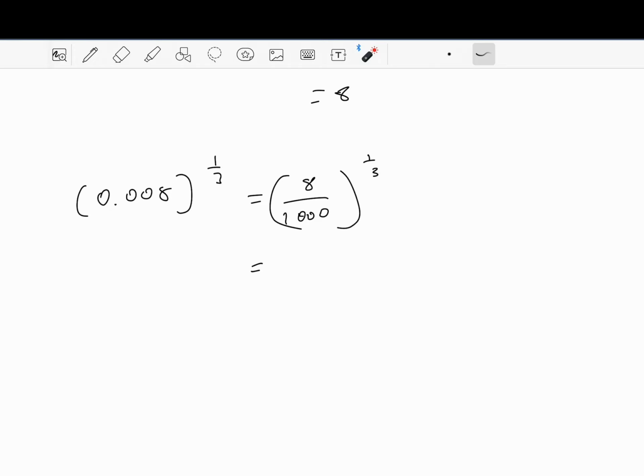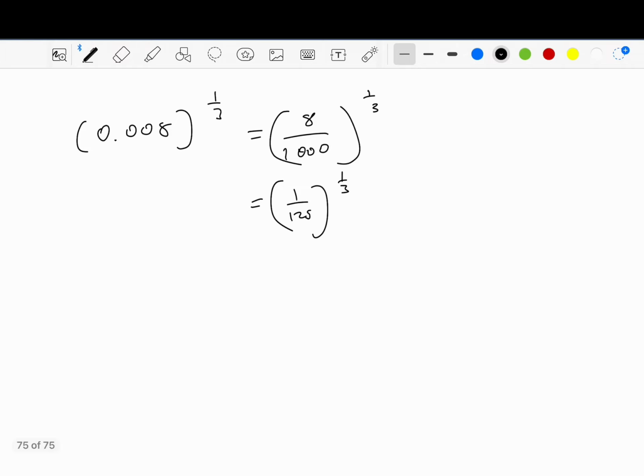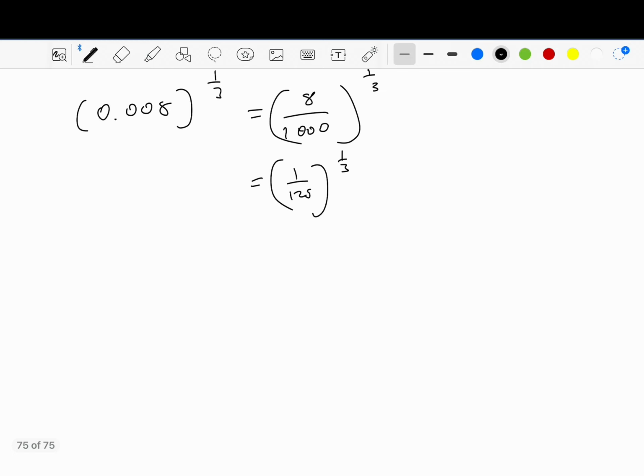So 8 over 1000 is 1 over 125, to the power of 1 over 3. If you don't know how to do this, punch it into your calculator, but simply say 1000 divided by 8 and you get 125. Therefore, this is 1 over 125.